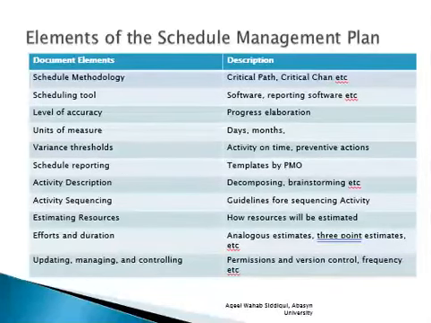Then scheduling tools, which software we will use, level of accuracy, that is progressive elaboration, units of measure, dates and months, variance threshold, activity on time, preventive actions, schedule reporting, activity description, activity sequencing, estimating resources, efforts and duration, updating, managing and controlling. So these are the elements of a schedule management plan.